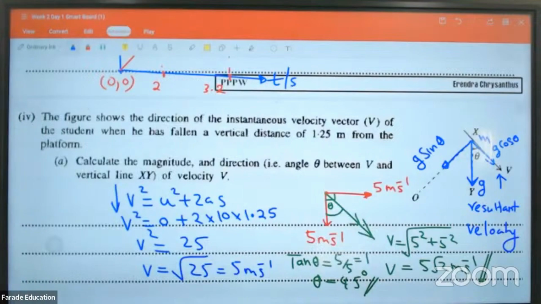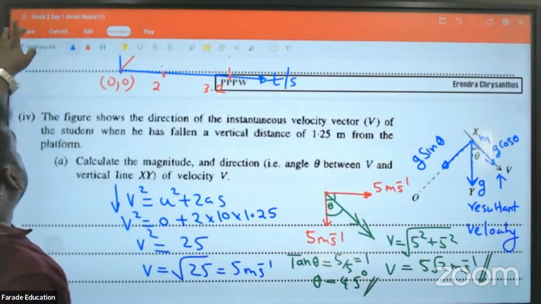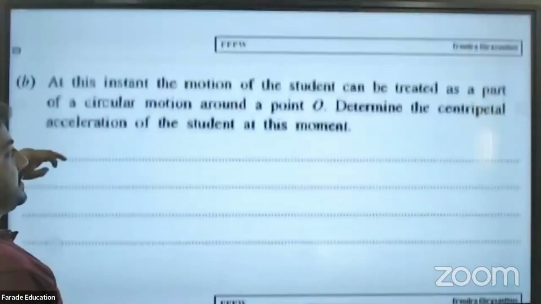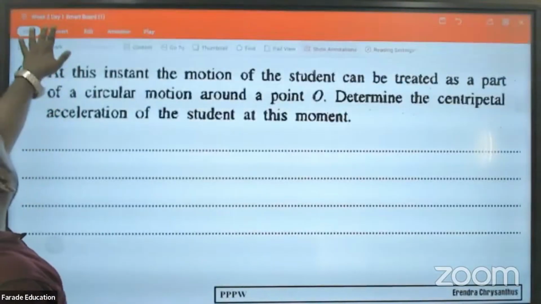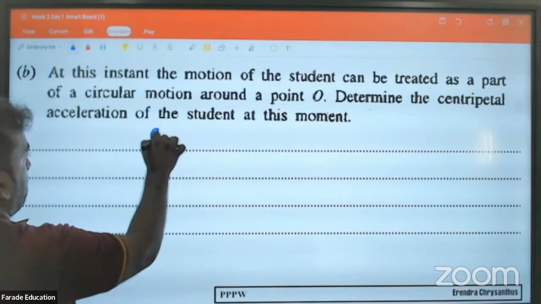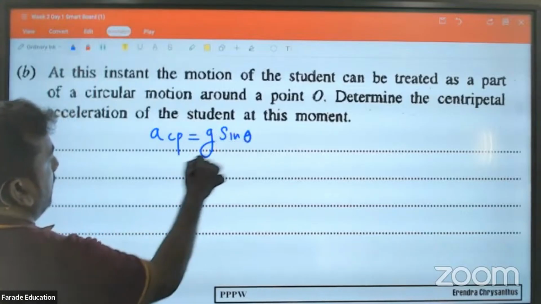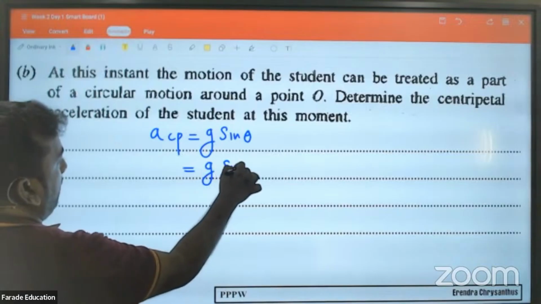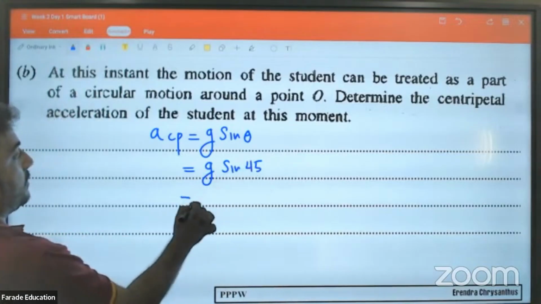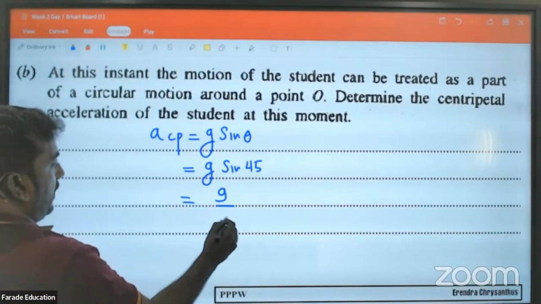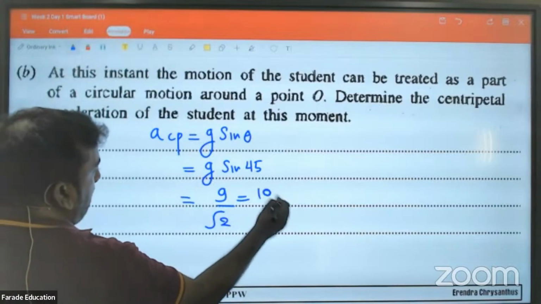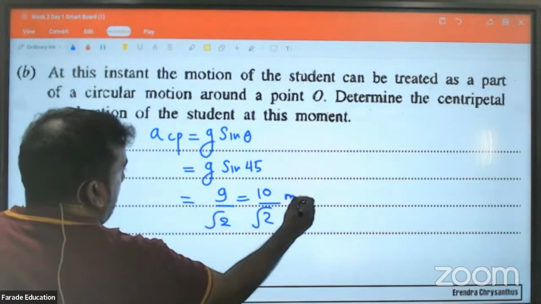So g sin theta is acting to the center, which means that is your centripetal acceleration. So if I write it here, centripetal acceleration is only g sin theta. So g sin 45 because theta is 45. So g over root 2. 10 divided by root 2 m/s squared.